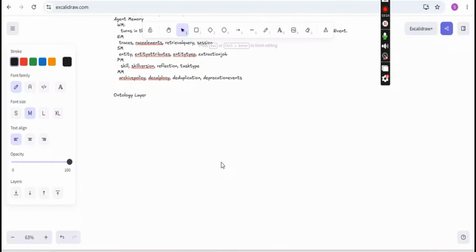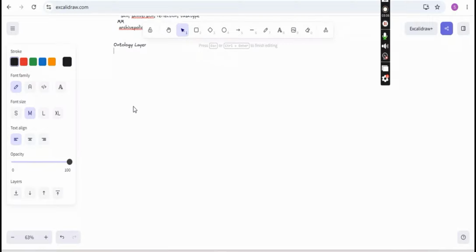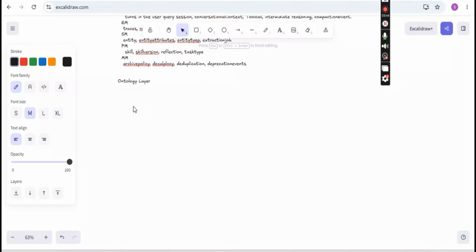So in this layer, what will we do? Design becomes interesting here. Why? Because each memory layer requires different ontological commitments. Working memory ontology: working memory is bounded by the context window. Okay, working memory is a context window.